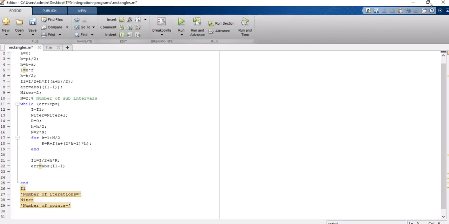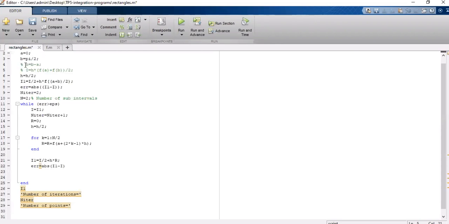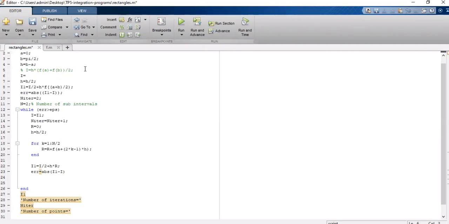We'll comment this out now. A, okay, phi is equal to h by f of a. Now let's rerun this for the rectangle to see what we get as the number of iterations.